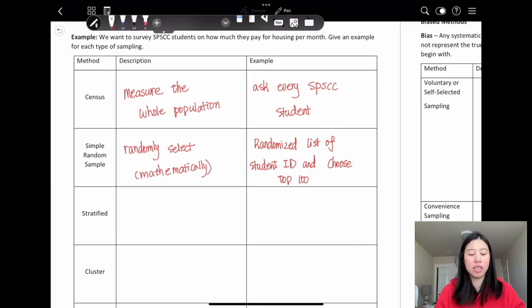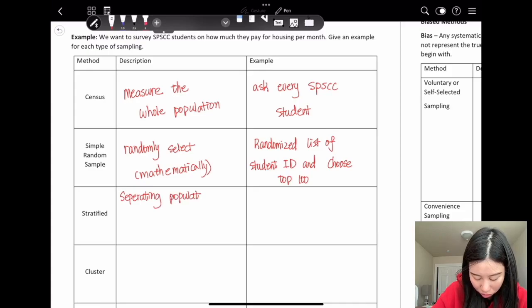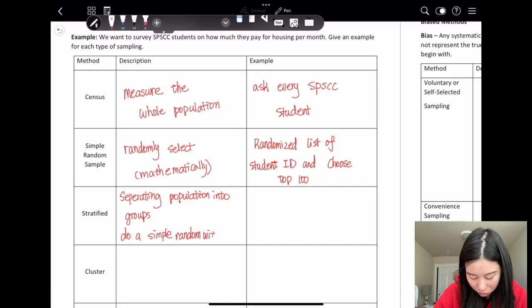Okay, stratified. Stratified is where you separate the population into groups and do a simple random sample within each group. So first of all, you need to separate the population into groups, and then do a simple random sample within each group.